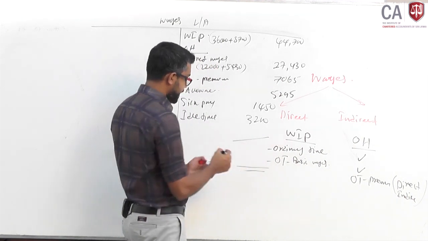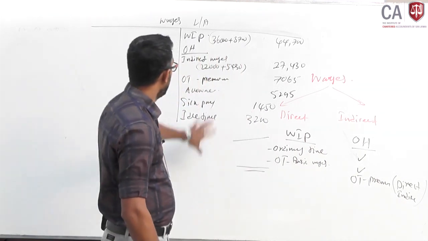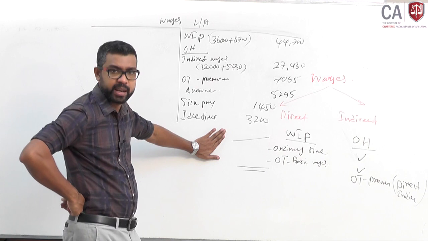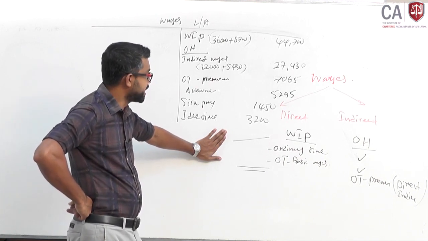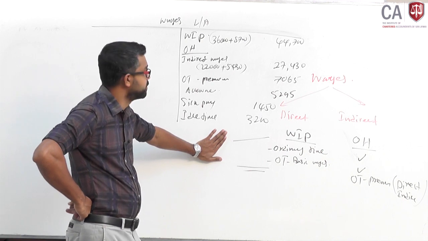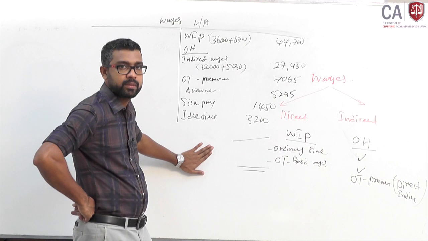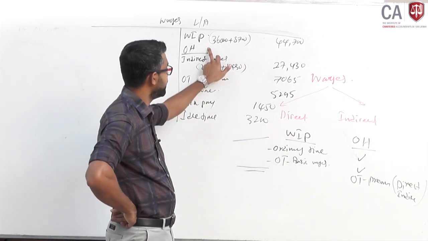What you need to understand here is that idle time of direct employees goes to overhead. The reason is they do not contribute to production, and what goes to WIP must contribute to production. Therefore you charge it as overhead.